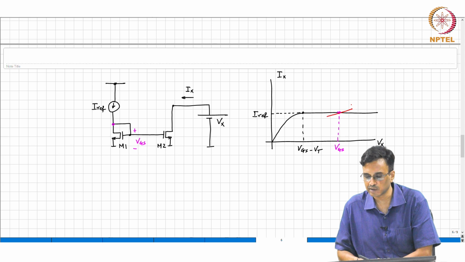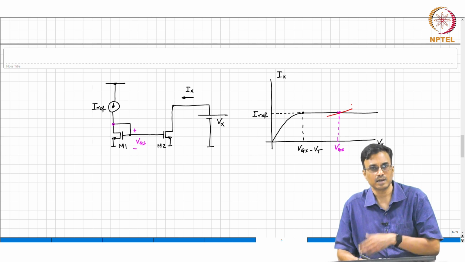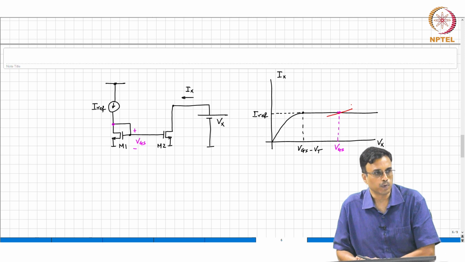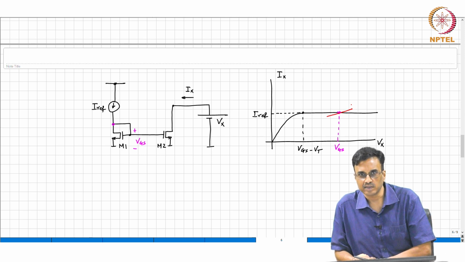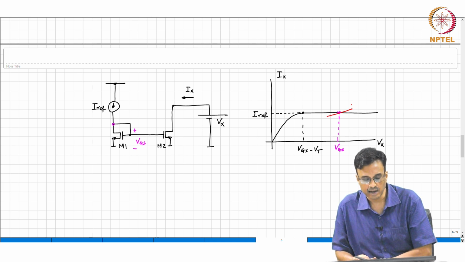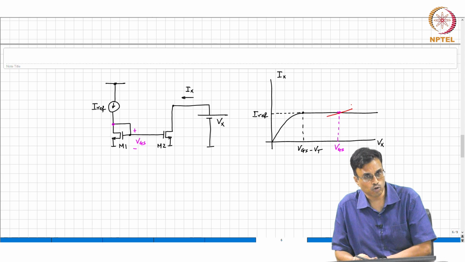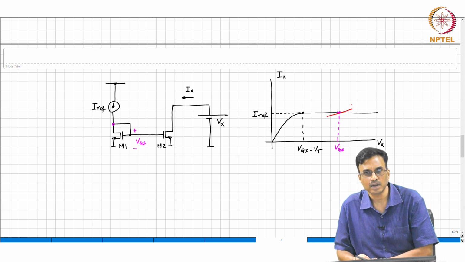So, we are interested in the slope with respect to Vx. The slope will be the output conductance of the transistor, which is the ratio of the change in the drain current due to a change in the drain source voltage, which is 1 by, which is lambda times Iref, okay.